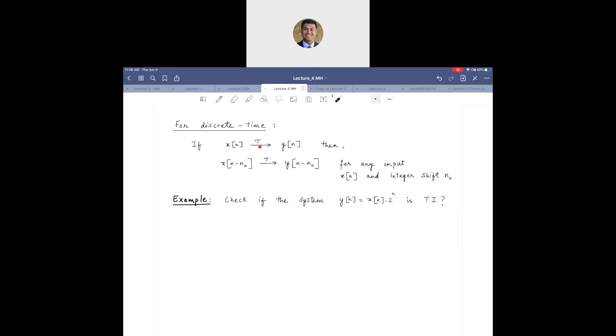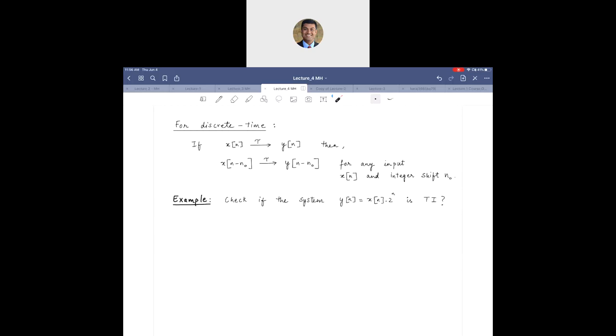In the middle, you have that system operator cap T. If that is the input output combination for a discrete time system, then if you shift the input by n0, you also have the same shift for the output, y of n minus n0. That holds for any input x of n and for any integer shift n0. In this case, the n's are all integers, so the shift also has to be an integer.